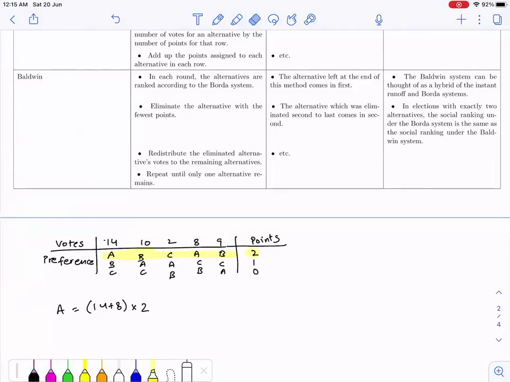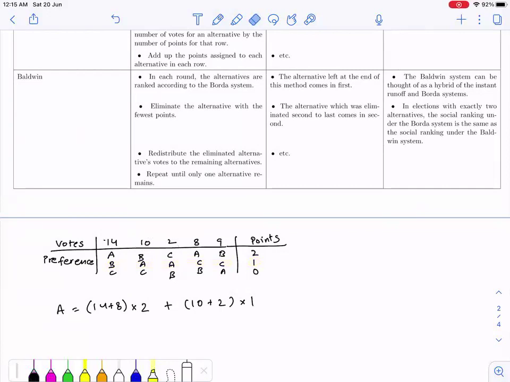Then you look at the second row, which is the second preference for the voters, and it has 1 point. Now you again count the number of people who voted A as the second preference. So you have 10 plus 2 voters who have A as their second preference, and the second preference weighs 1 point. So this would be 10 plus 2 times 1.